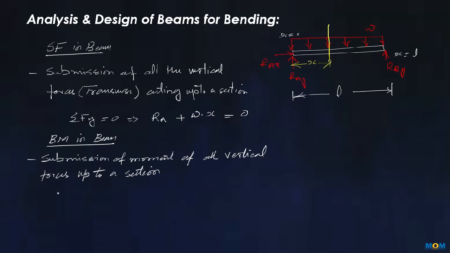Summation of moment at x is equal to 0. So here R_A times y, since it is at 0, is 0, plus omega x multiplied by the line of action, the point of application of the force, which is going to be W at x by 2.